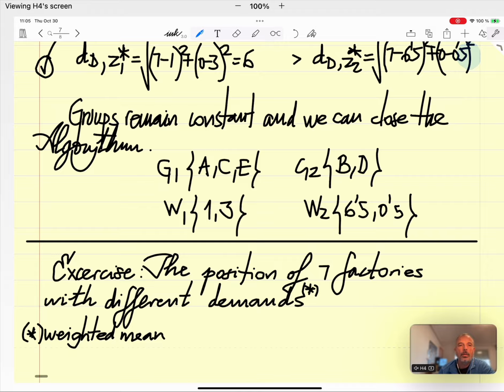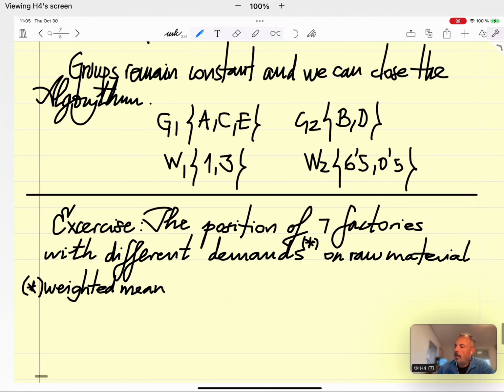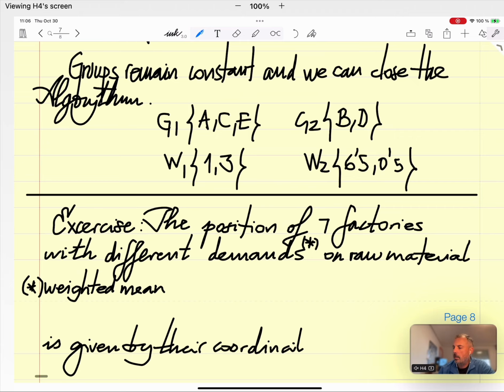With different demands on raw material, is given by their coordinates x, y.